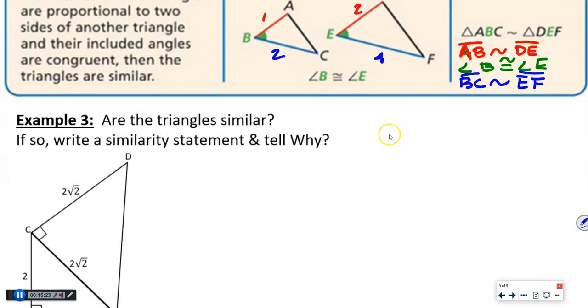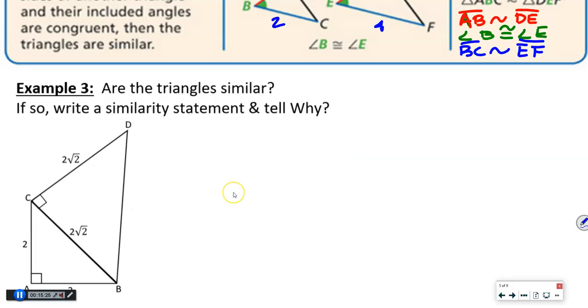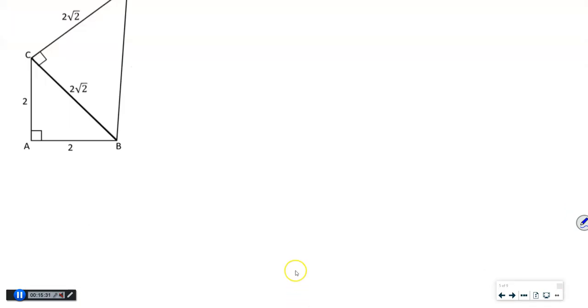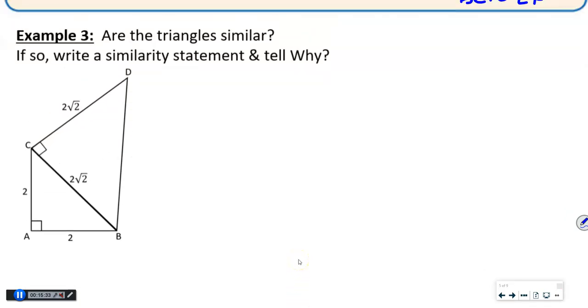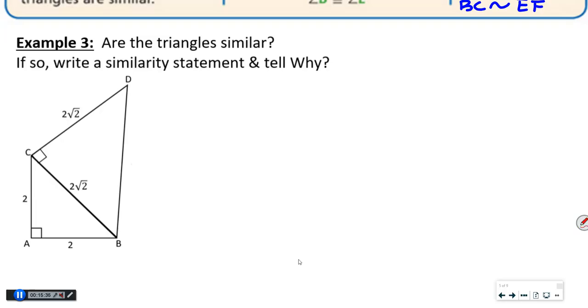Okay, now it says, are these triangles similar? If so, write a similarity statement and tell why. So what I notice immediately here is that these look like they are isosceles right triangles. You guys see this? This side is congruent to this side, and this side is congruent to that side, and they're right triangles, okay?